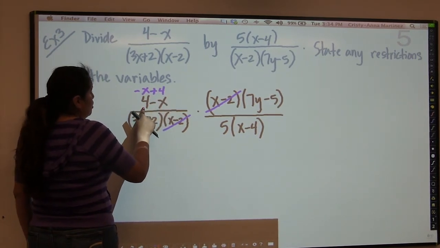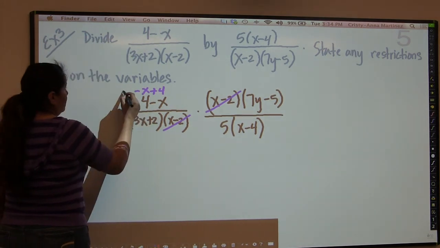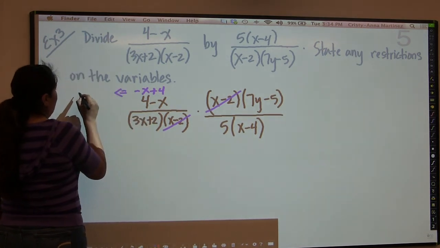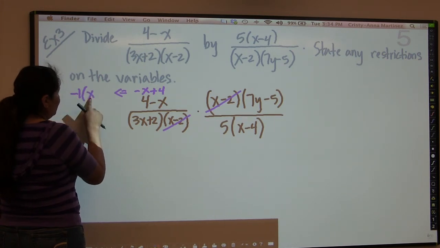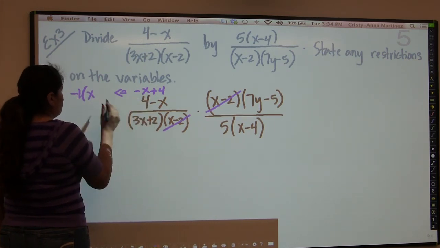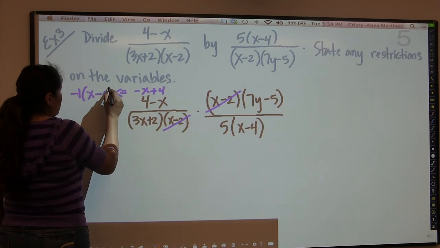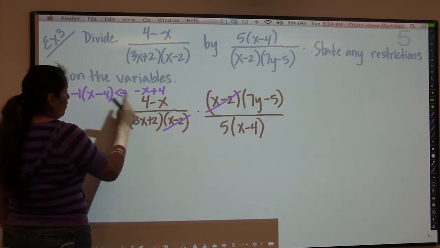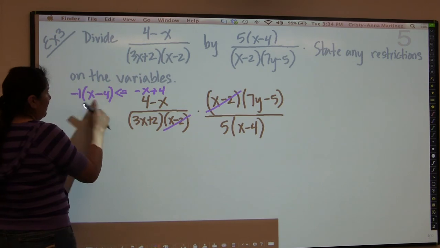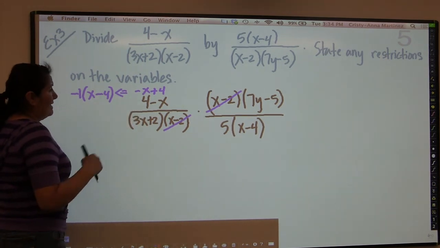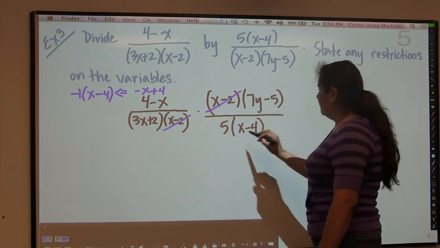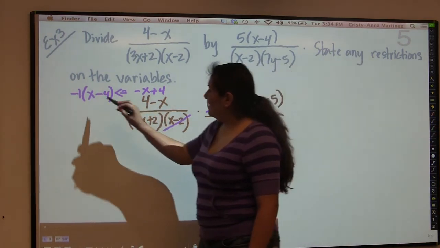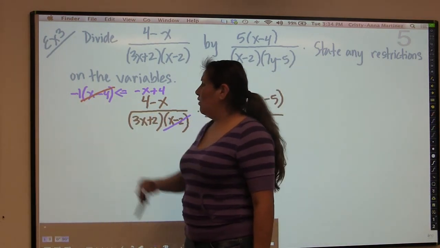And then you can factor out the negative. So this would become negative 1 out here, and then you would have x, because negative 1 times x is negative x, and then you would put negative 4, because negative 1 times negative 4 is positive 4. And so now this would replace the 4 minus x, and now you can see how you can cancel the x minus 4 with the x minus 4, but the negative 1 is still there.